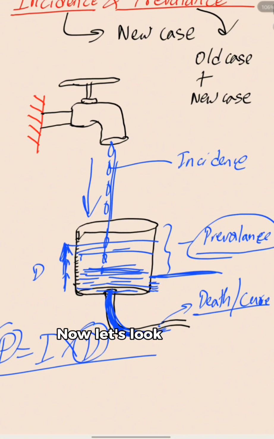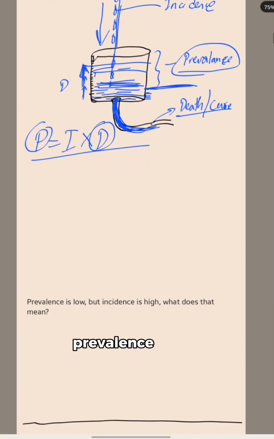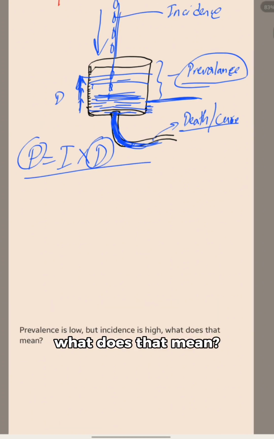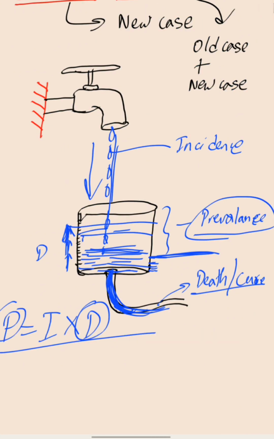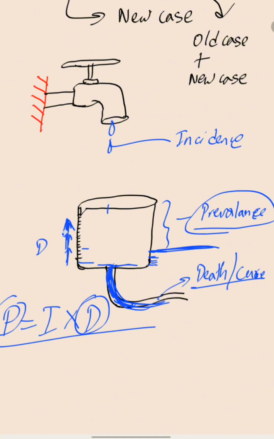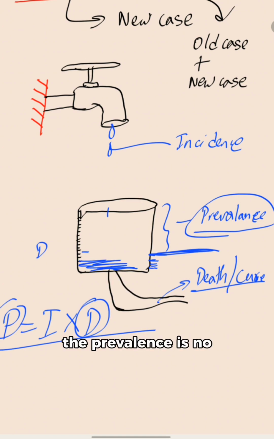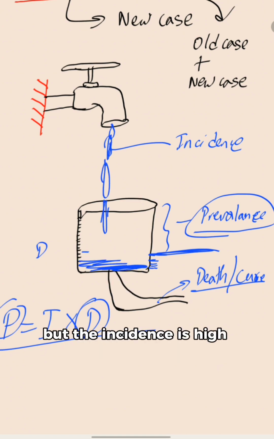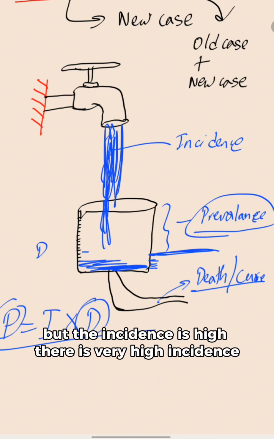Now let's look at few questions. Prevalence is low, but incidence is high. What does that mean? Let's just have a look at this picture. There is very high incidence.